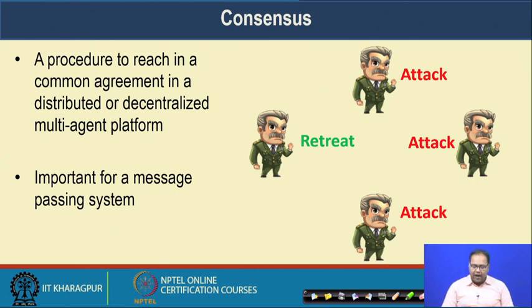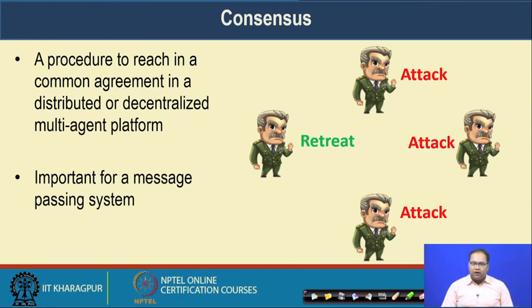Here is a typical example of a consensus mechanism. You can assume that in an army there are 4 generals and the generals are taking some kind of decisions. When the generals are taking the decisions in a decentralized or distributed way, that means they have their own policies to take the decision. They can either make an attack or retreat from the attack.